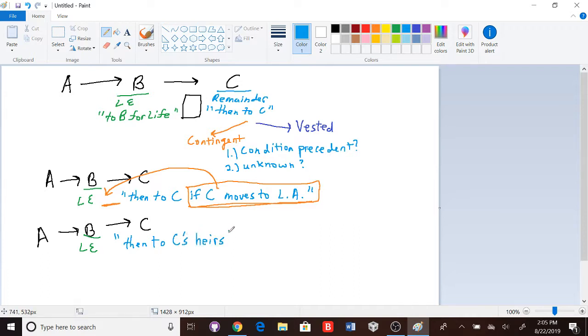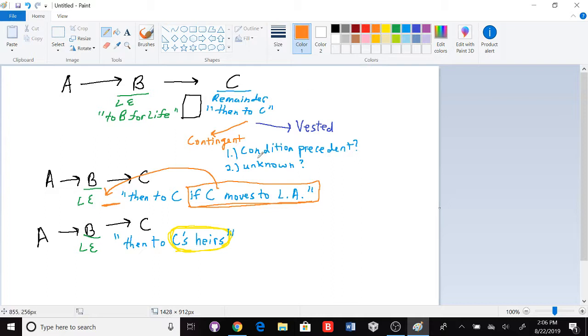Now I'm actually going to circle C's heirs in yellow because this is a little thing that I think everyone trips up on, and I know I made this mistake too. C's heirs: C cannot have heirs if C is living. C only has heirs if C is dead. So in this case, the language C's heirs is actually unknown because no living person has heirs.